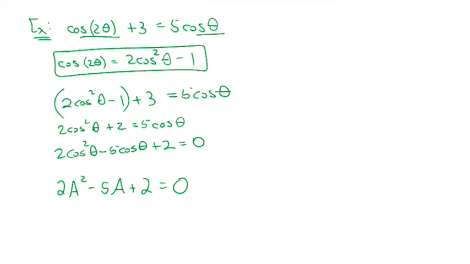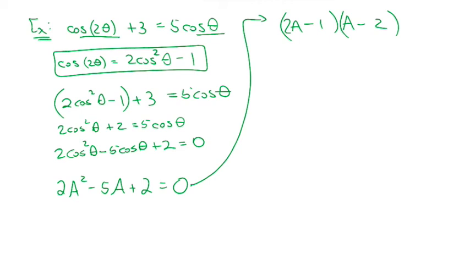We're almost there. How do I factor that? 2A minus 1, A minus 2. Does that work?